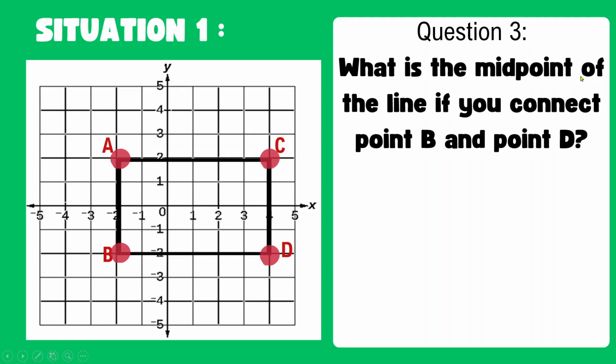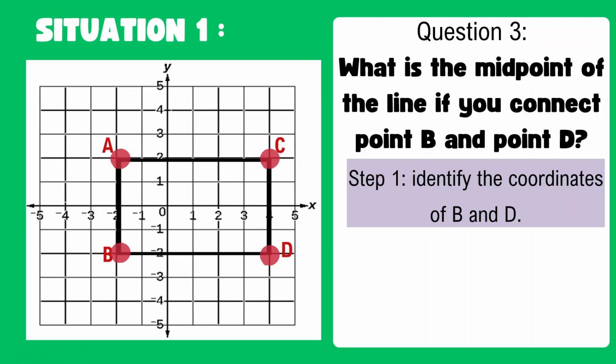What is the midpoint of the line if you connect point B and point D? So if you connect point B and point D, what is the midpoint? Step 1. Identify the coordinates of B and D. Why do we have to identify the coordinates of B and D?